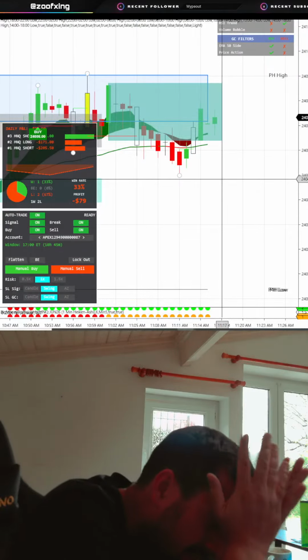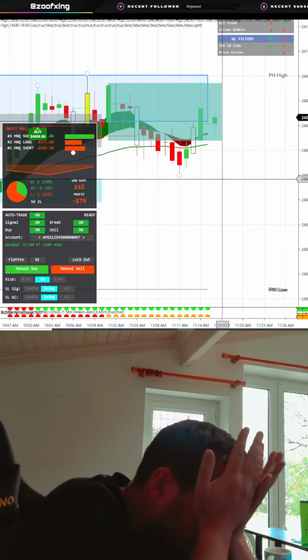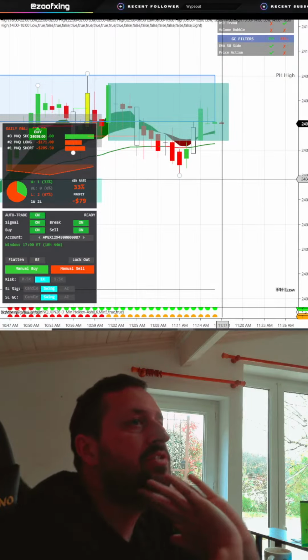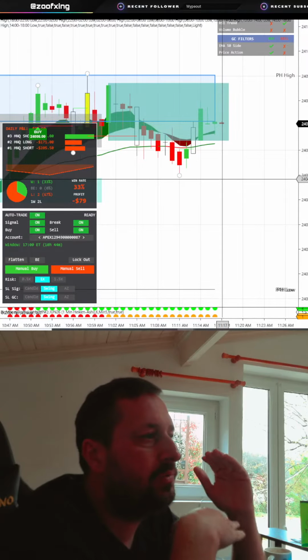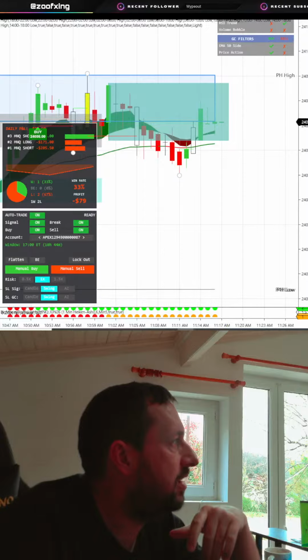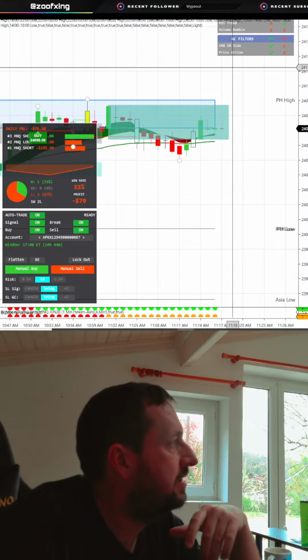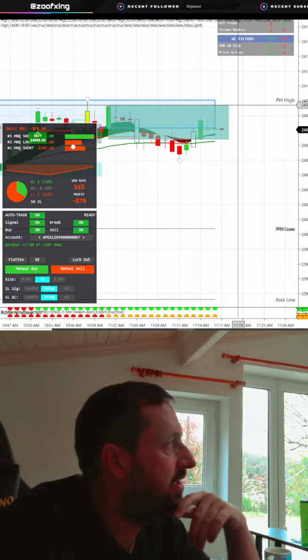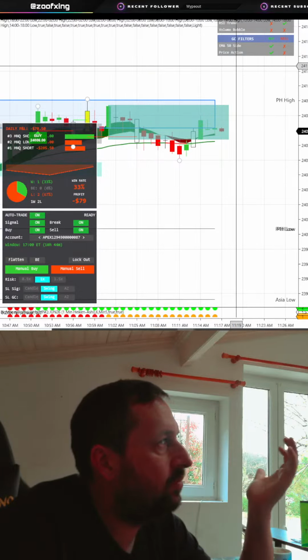I've been thinking about a price range where, so you've got your time filter, we could have an area filter, right? Say for example, I only wanted to take a trade if we came into this sort of area, between 24,087 and 113.